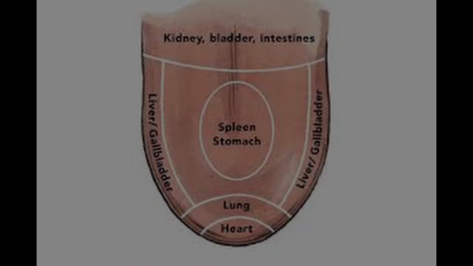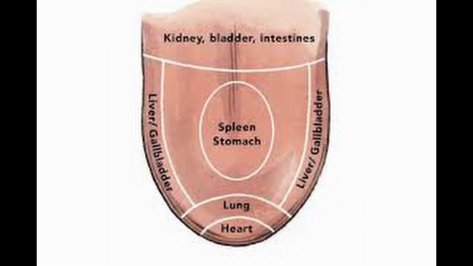So in this case, what I've often seen is cracking on the center of the tongue. The center of the tongue is the stomach area of the tongue. And when we look at tongue diagnosis, there's a mapping of tongue areas that represent different organ systems. So the center of the tongue is the stomach and the spleen.